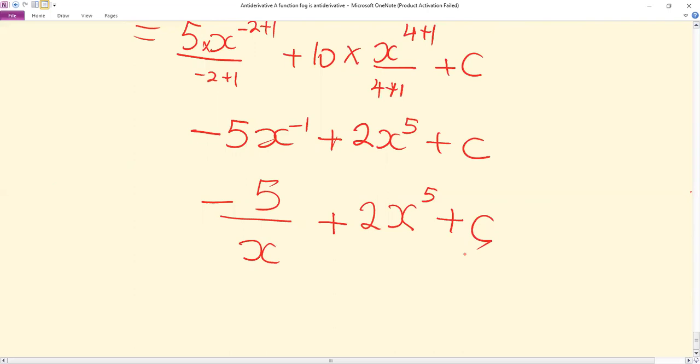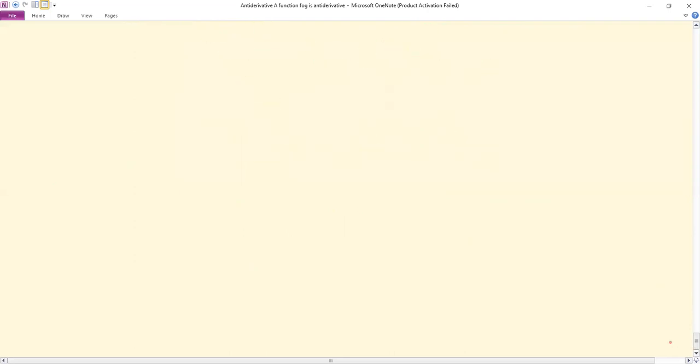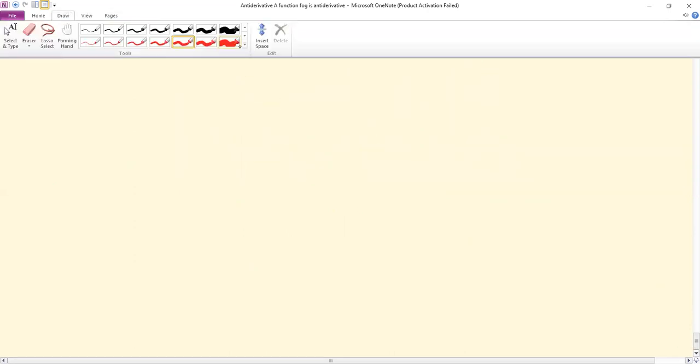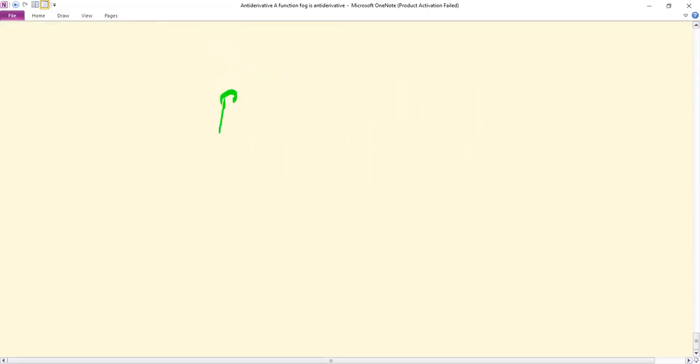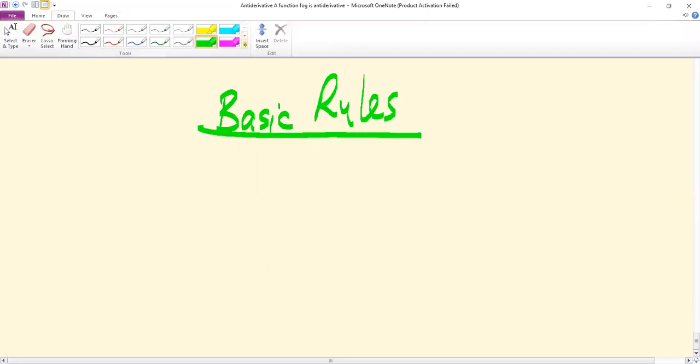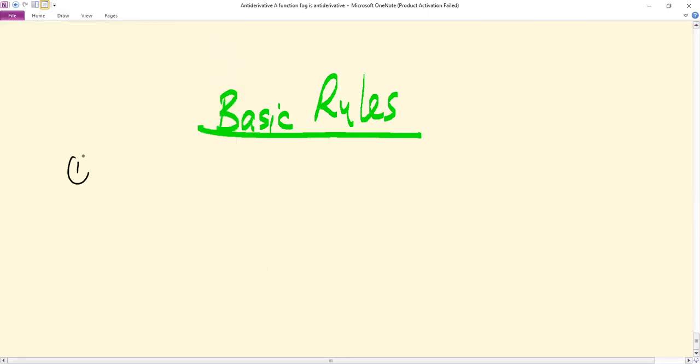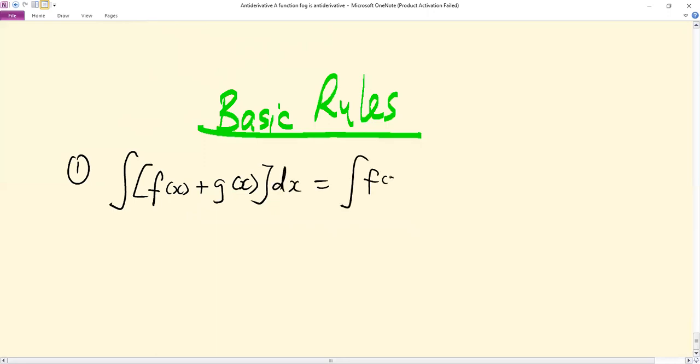And then just from what you have been doing here, some basic rules. Number 1, the integral of a sum of two functions f of x plus g of x with respect to x is the same as the sum of the respective integrals.